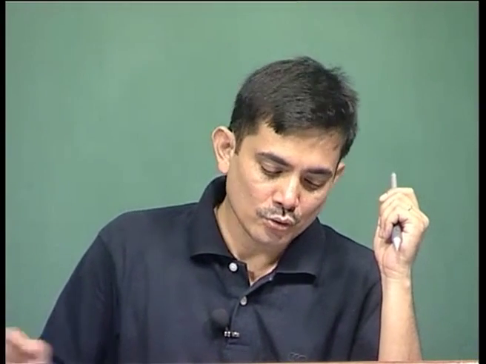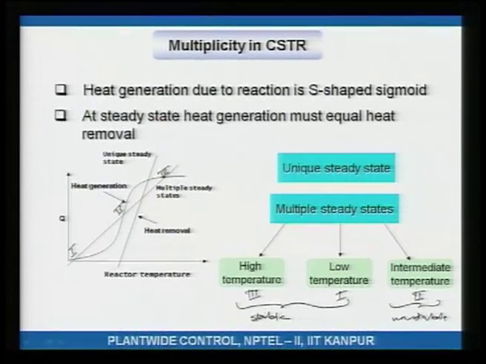So, since you desire to operate at steady state 2 and steady state 2 is open loop unstable, this is an example where you need a control loop that adjusts the cooling rate so that it increases faster than the heat generation curve, to bring the deviating temperature back to set point.